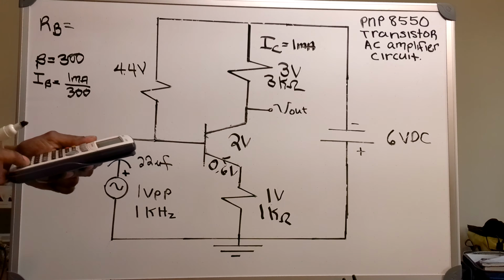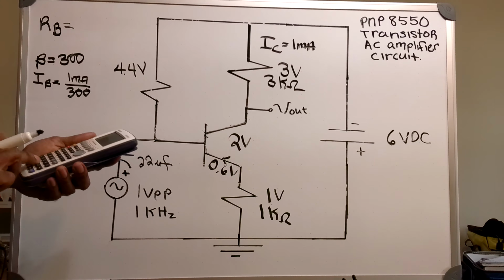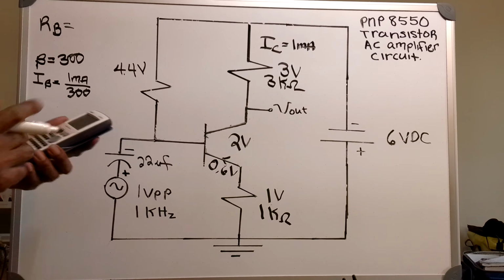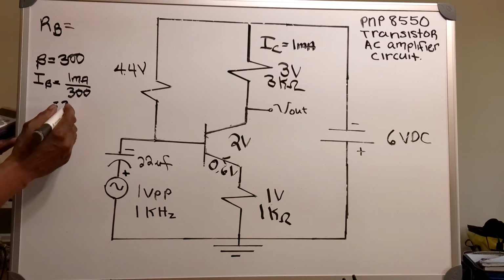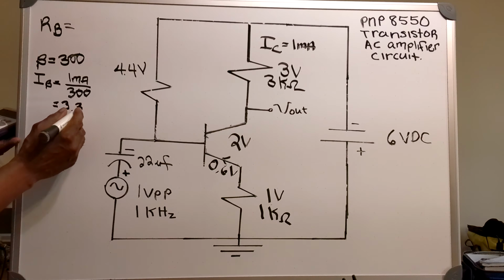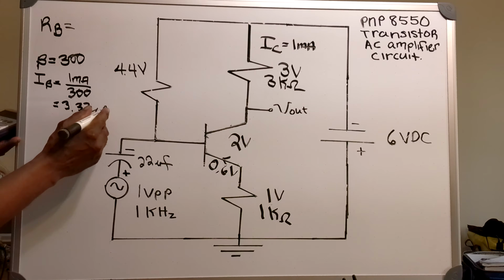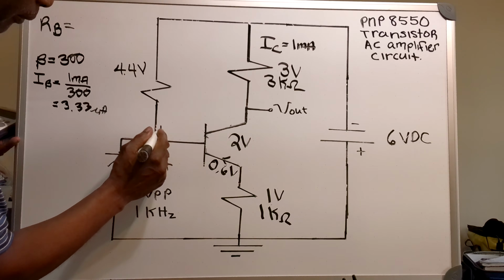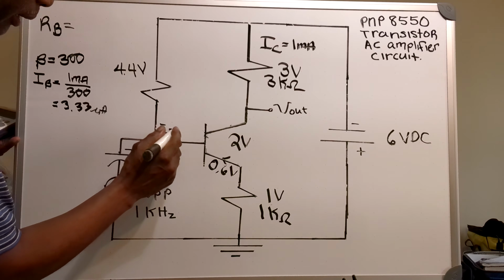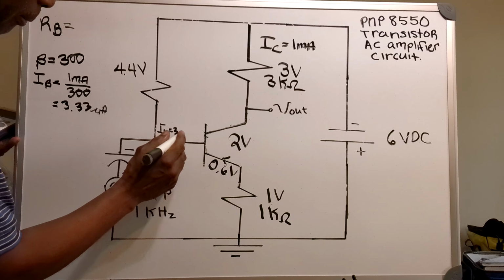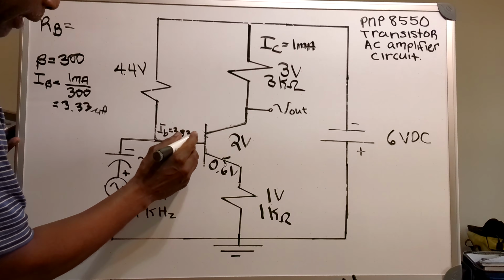That would be 1 milliamp divided by my beta of 300. That equals 3.33 microamps. IB equals 3.33 microamps.